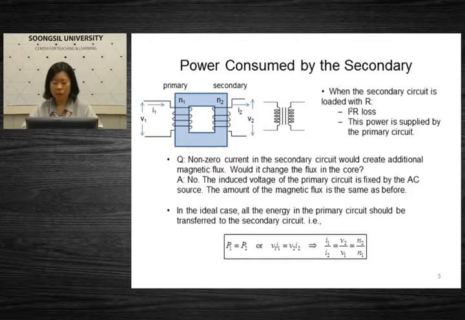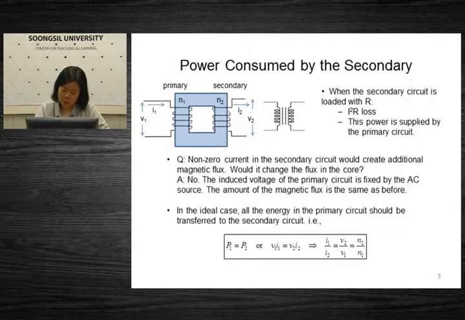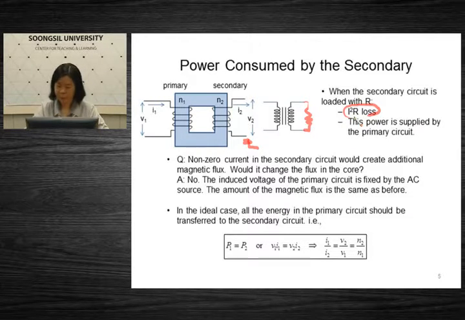Now, since we are going to put a load at the secondary circuit, let's calculate the power consumed by the secondary circuit. When the secondary circuit is loaded with something such as a resistor, we are going to experience an I R loss. I R loss means somebody supplied the energy.